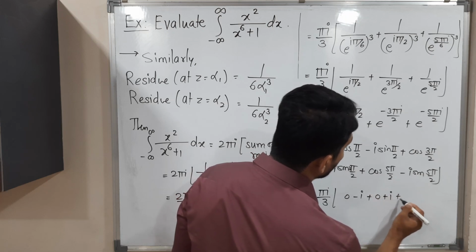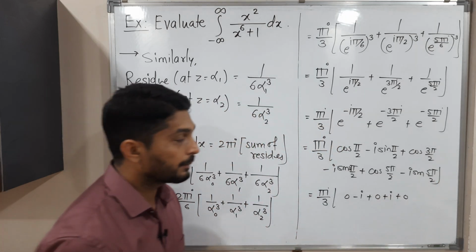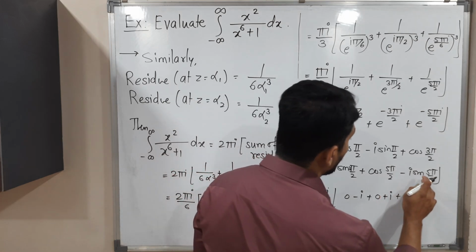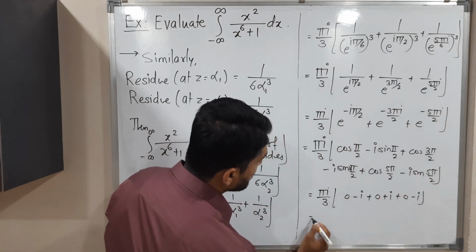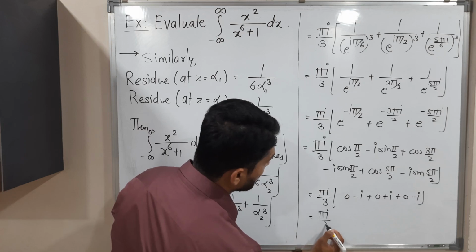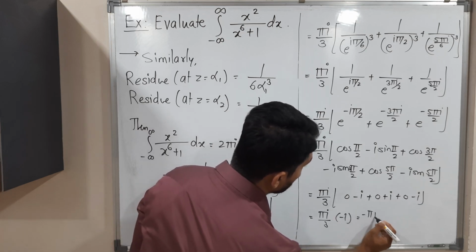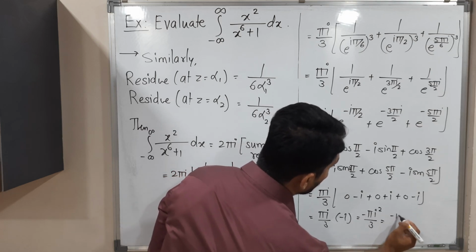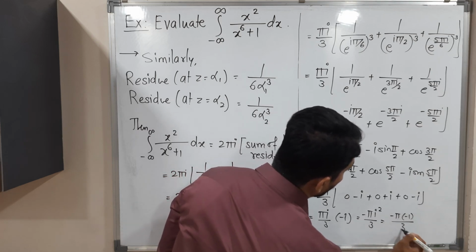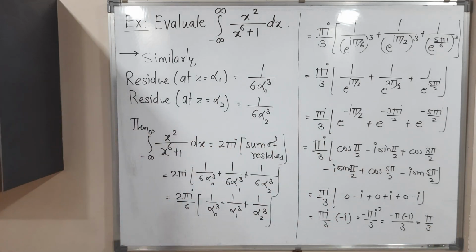Cos 5 pi by 2 is 0, and sin 5 pi by 2 will be 1, so it will be minus i. So plus i minus i will get cancelled, leaving pi i by 3 and this minus i. So minus pi i square by 3, i square is minus 1, so minus minus gives plus pi by 3. This is the required answer. Okay, so just make a screenshot of it, then we will stop.